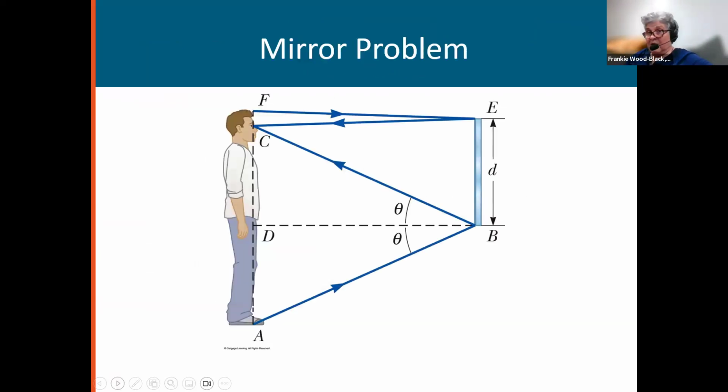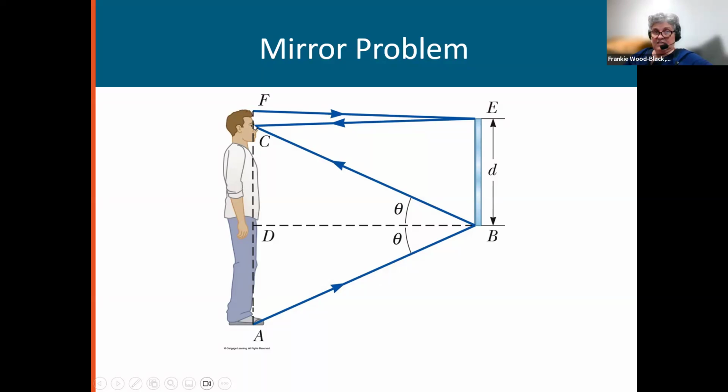So here's our mirror problem where we show that the mirror has to be 1/2 the height of the person. We can do it geometrically. So from my eyes to the base of the mirror, which would be the smallest I could be, or to be able to see my feet, these two angles have to be the same. So this distance and this distance are the same.